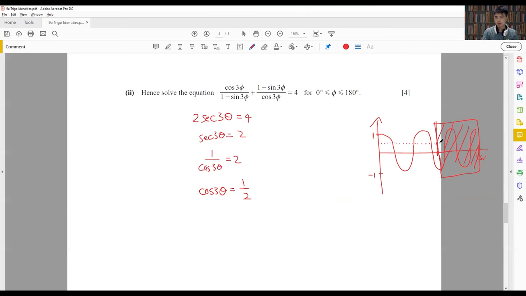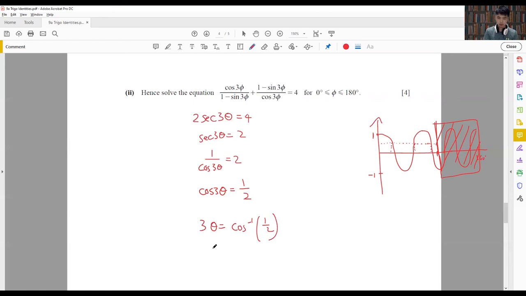From the graph that we've sketched, we can see that theta actually has 3 values. So how do we get these 3 values? What we have to do is first inverse this cos. 3 theta equals inverse cos of 1 over 2. Change your answer into degrees first, because that's what your question is in.